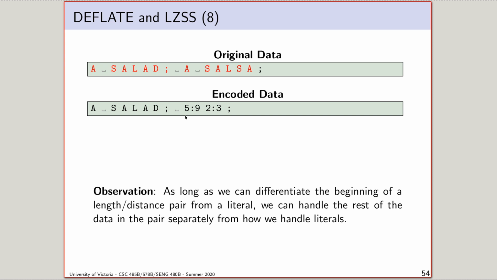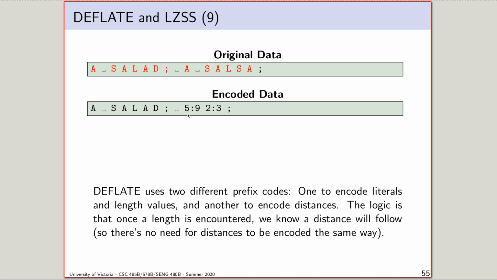Basically, the only thing I need to do is, when I've done decoding the space, look at whatever comes next and say, oh, that's a length. Then I can behave differently: I just read a length, so I have to read a distance. And so Deflate does this.